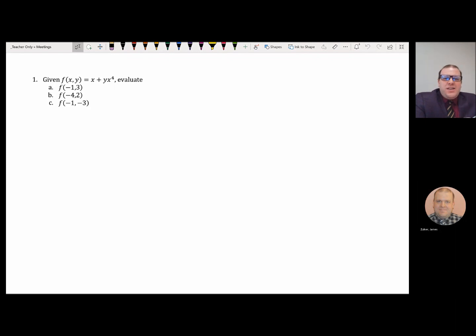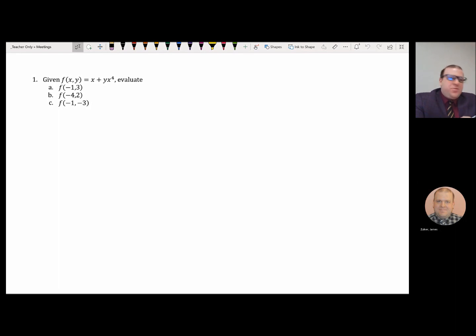We're given f of x, y equals x plus y times x to the fourth, and we're asked to evaluate this function at 3 points: (-1, 3), (-4, 2), and (-1, -3). Order matters, right?